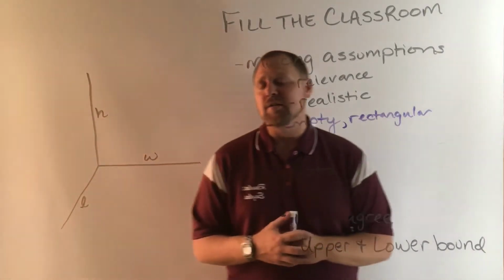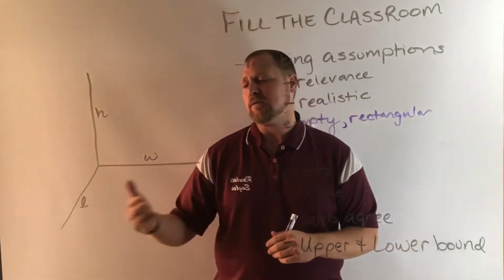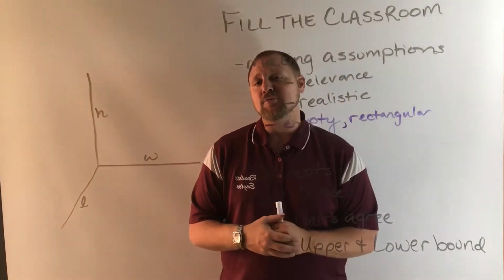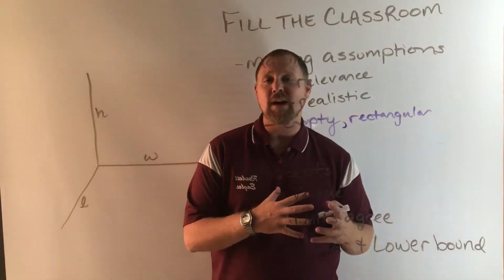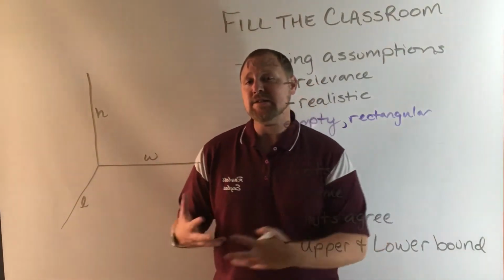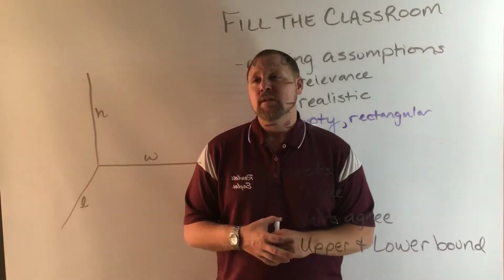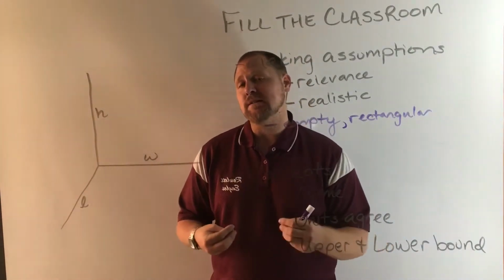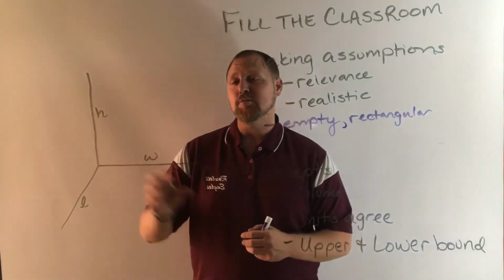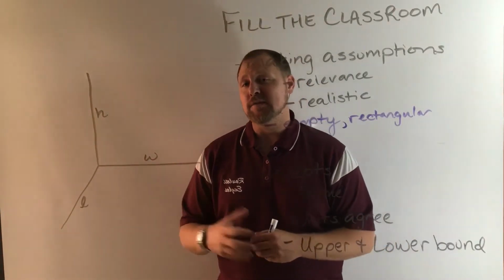So when we talk about our classroom, we have the height, the width, the length of the classroom, and there's a couple different ways that you can find the volume of that room and then divide into that the volume of the ball. To make sure we have too many tennis balls, we take the volume of the room divided by the volume of the tennis ball.